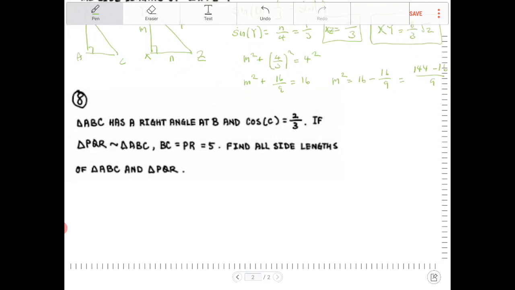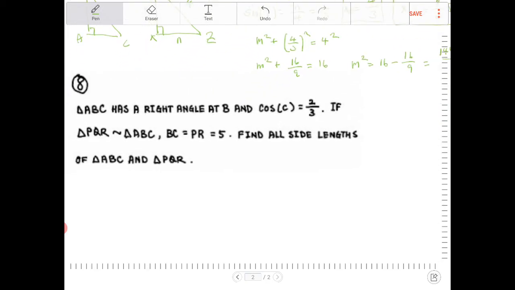All right, moving on. Triangle ABC has a right angle at B, and cosine of C is equal to 2/3. PQR and ABC are similar. And it says cosine of C is equal to 2/3. So I want to call this C here, ABC, and PQR.